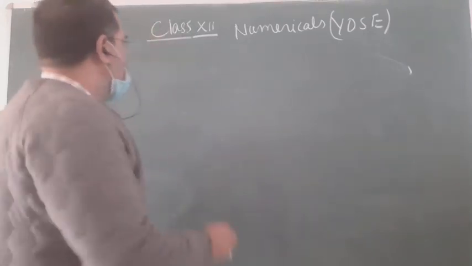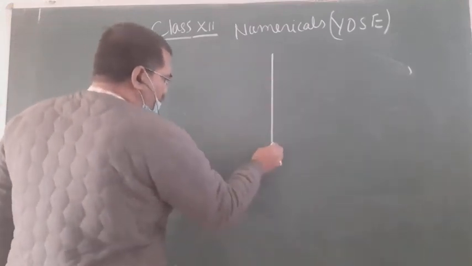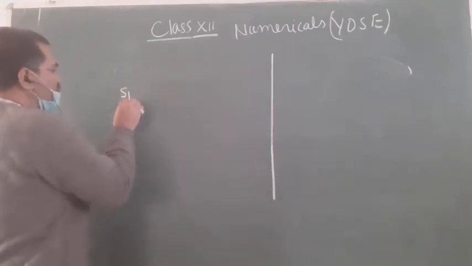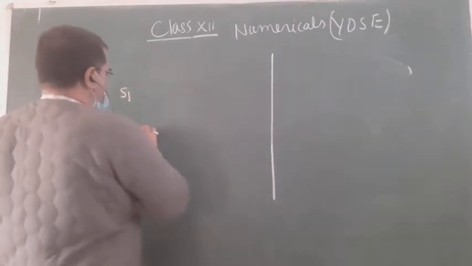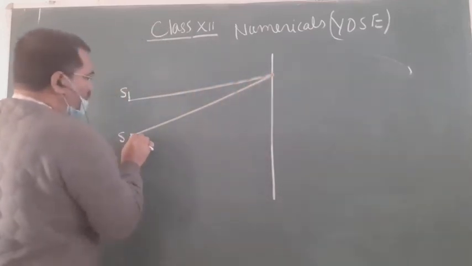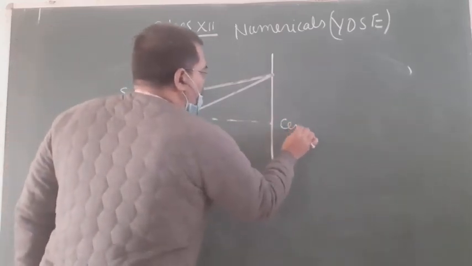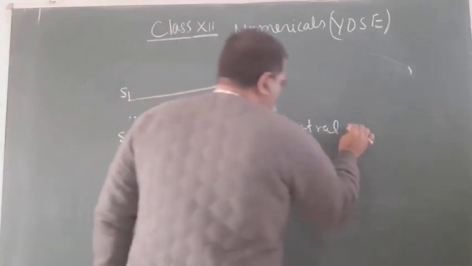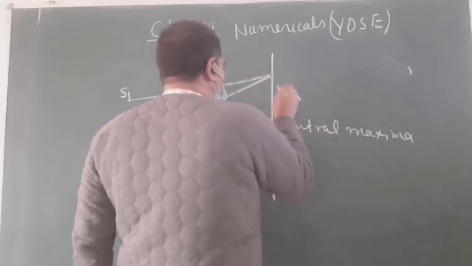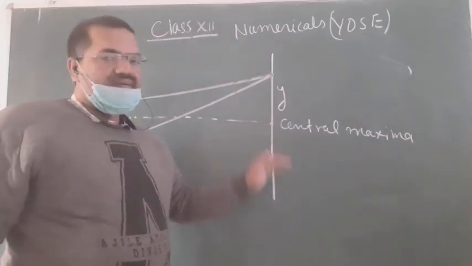So first of all, this is the screen and these are the sources S1, S2. This is the central maximum, and y is the position of maximas and minimas from the central maximum.